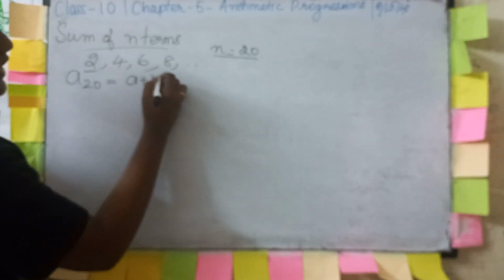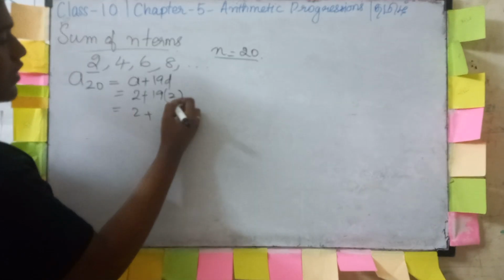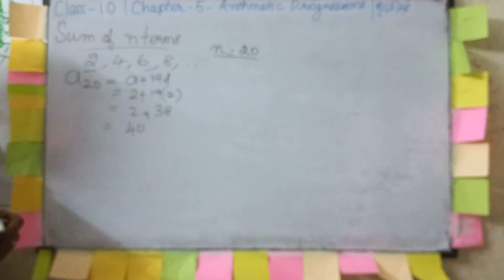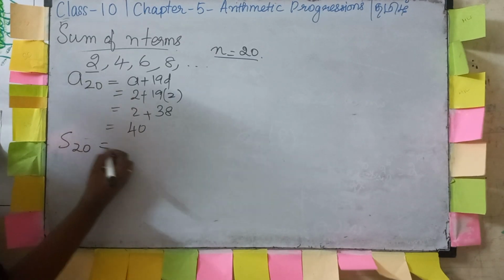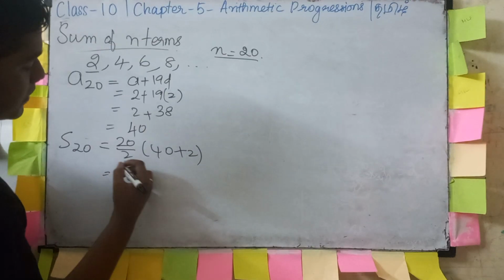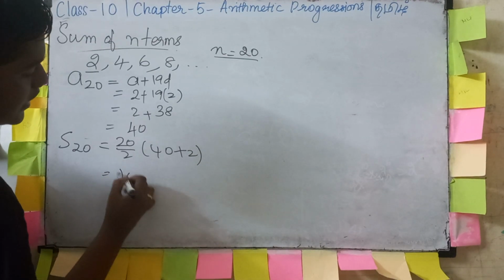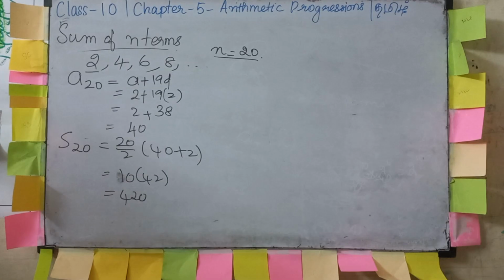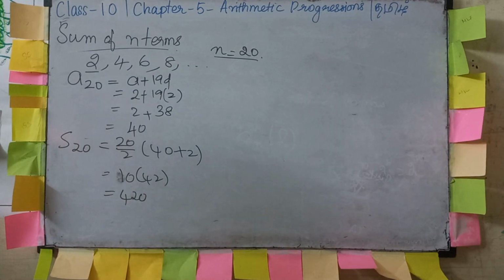A plus 19D. A is 2 plus 19 into 2, that is 38 plus 2, which is 40. So substitute in that. S20 equals n by 2, 20 by 2, into 40 plus 2. That's all, simple, right? 10 into 42, 420. Easy. So mostly find which method is easy to use in the exams.